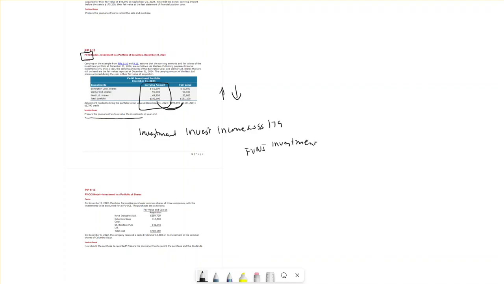So you keep doing what you're doing, and we keep a running total of it. Anytime any investment is recorded at a fair value, you have to do one adjusting entry at the end in order to put them to the fair value.